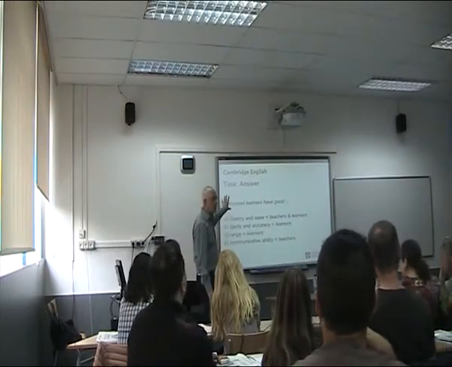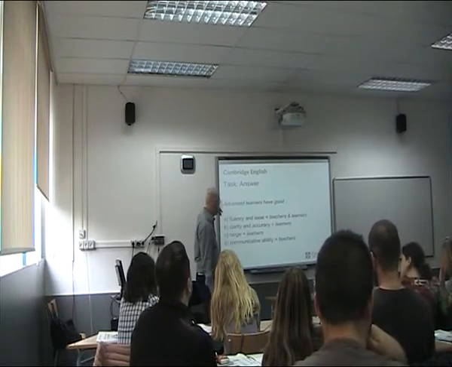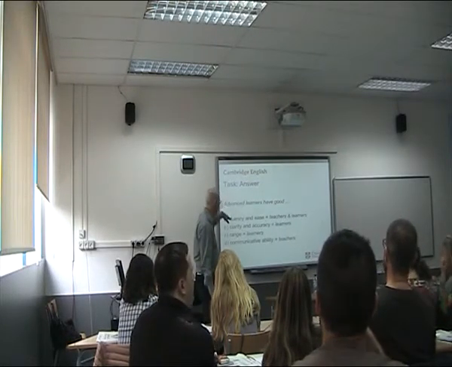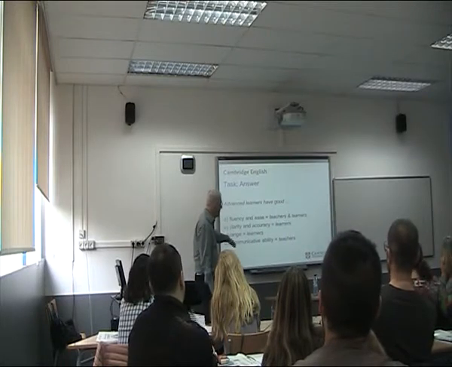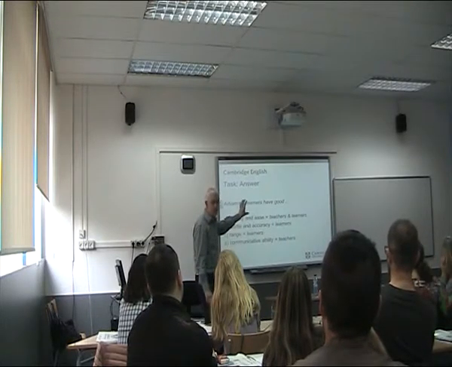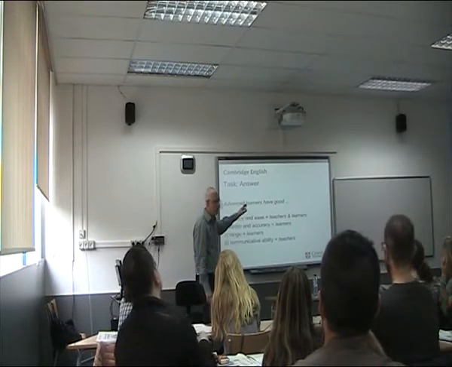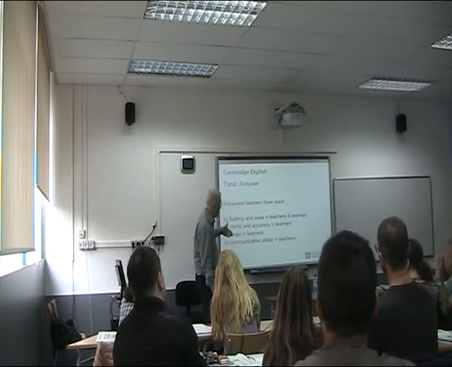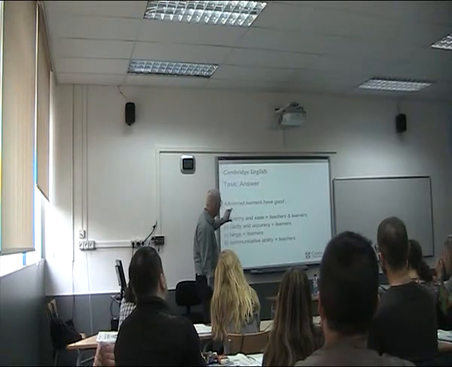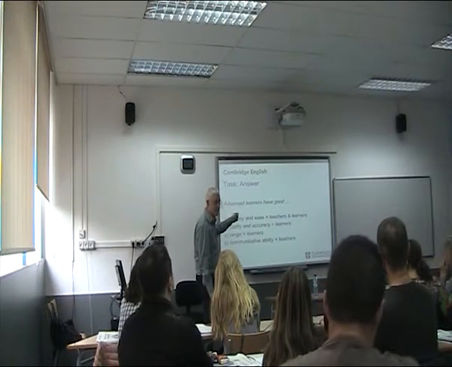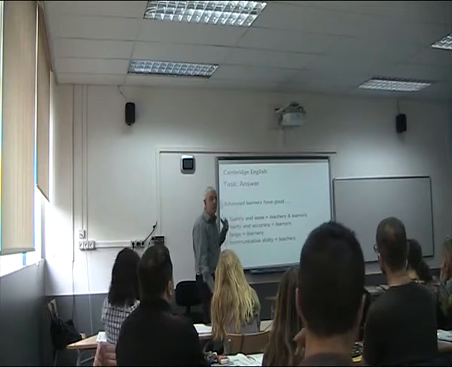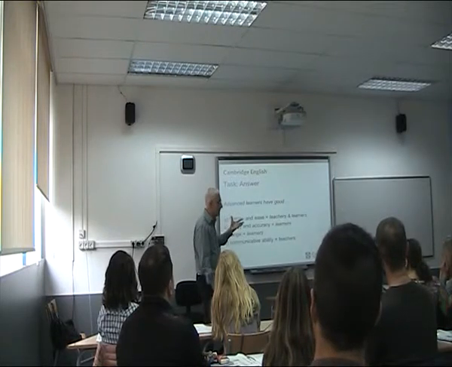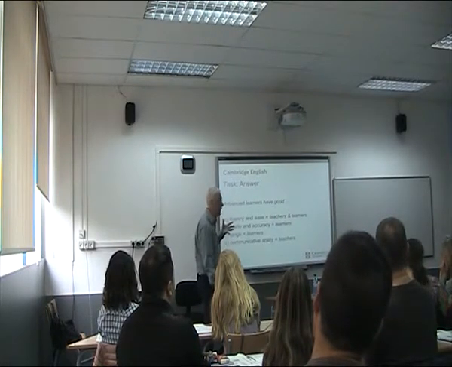What's interesting about this is, in terms of fluency and ease and communicative ability, that's where the teachers are focused, thinking that advanced learners are good, they're fluent, they're communicative. But in terms of range and accuracy, in a positive way, that's where the learners felt that advanced learners had good range and accuracy.